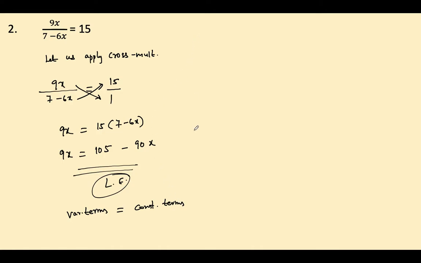So let me transpose this 90x, which is on the right hand side, to the left hand side. Now 90x has a minus sign here. When we transpose, it changes its sign to positive. So this must be 9x plus 90x is equal to 105. 9x plus 90x is 99x. This is equal to 105.